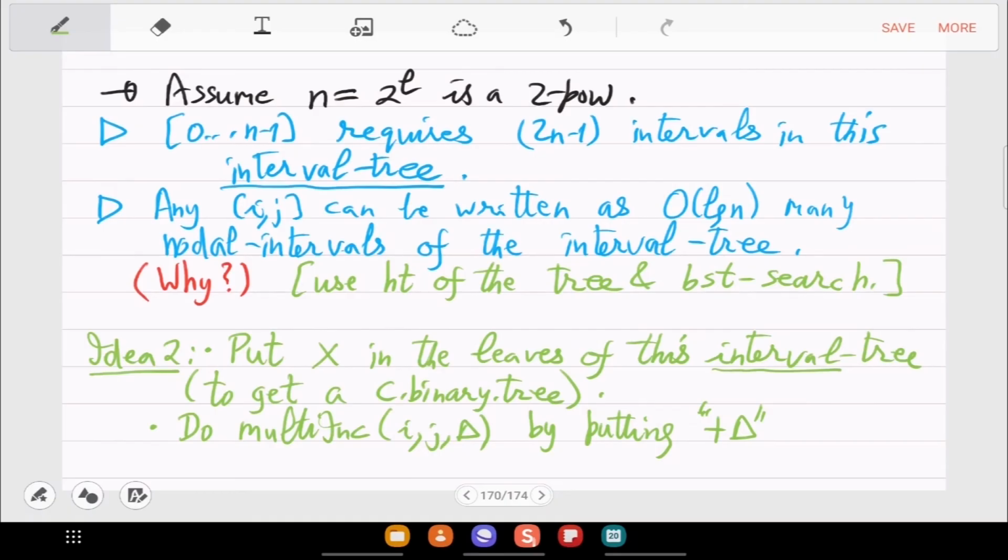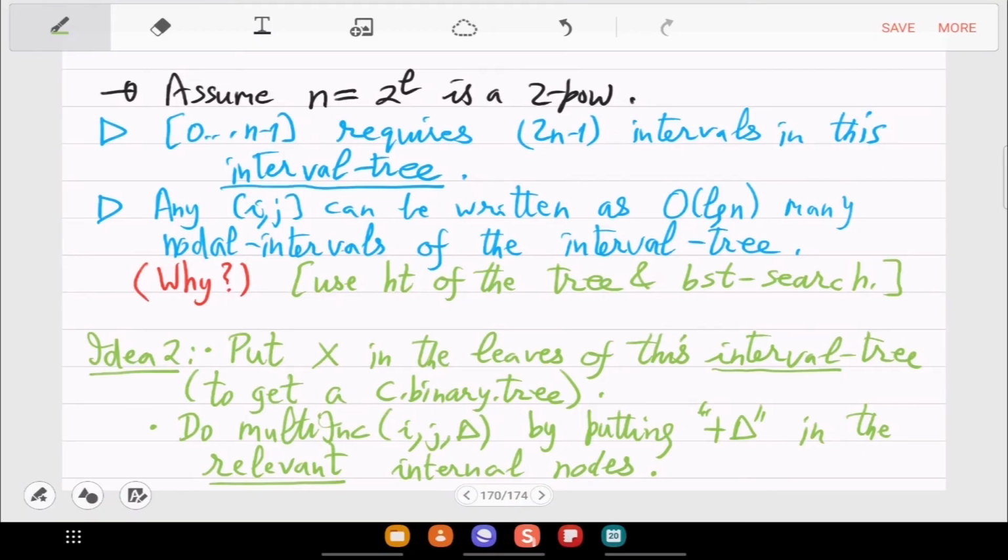Okay, so you have to put delta in the right places. So in the relevant nodal intervals or internal nodes, I can just say now. Okay, so how exactly will this be done? We will see shortly. Is the plan clear?